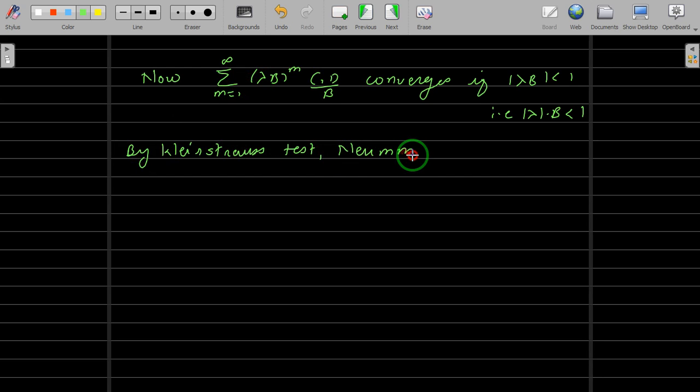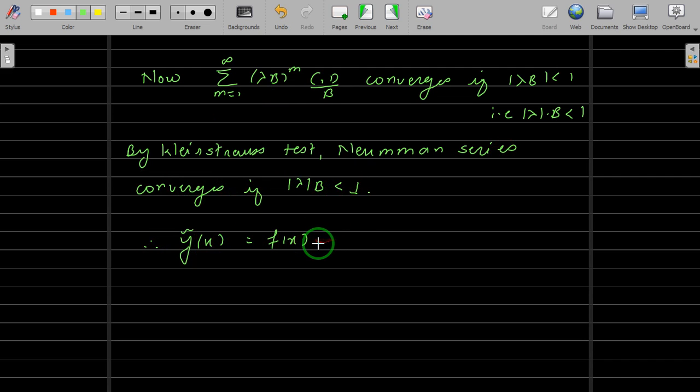Neumann series converges if mod of lambda b is less than 1, right? Now if mod of lambda b is less than 1, therefore that series converges. We can write this as y tilde of x to be f(x) plus whatever we have.